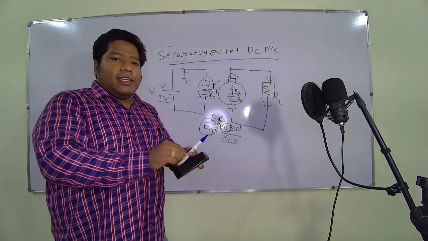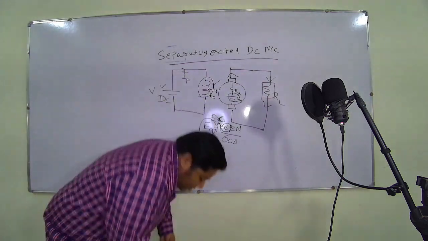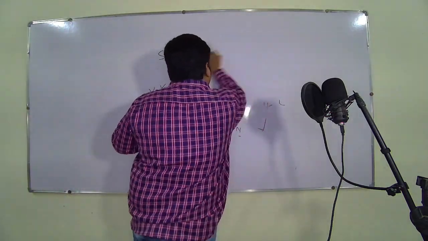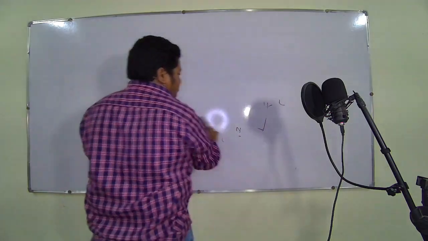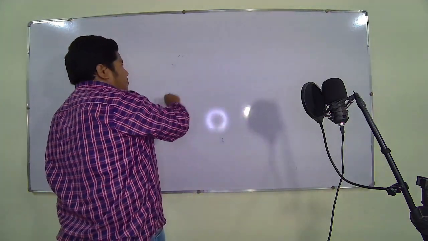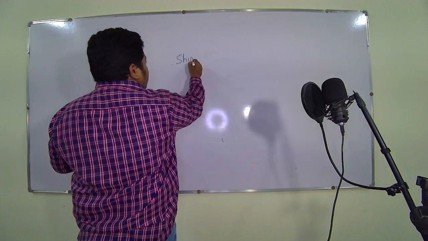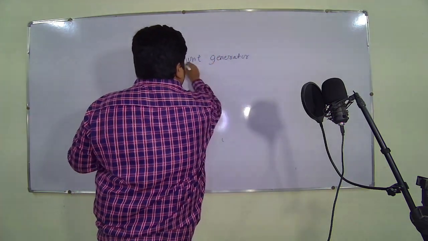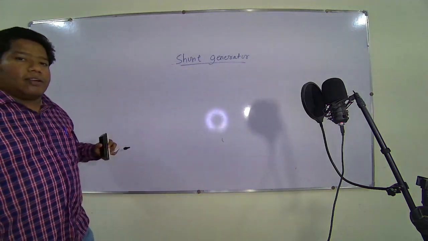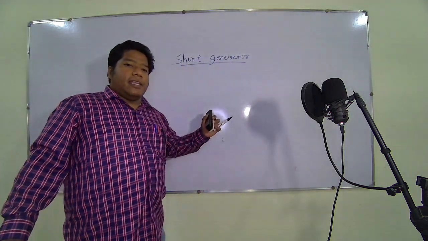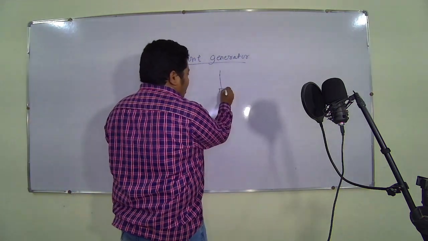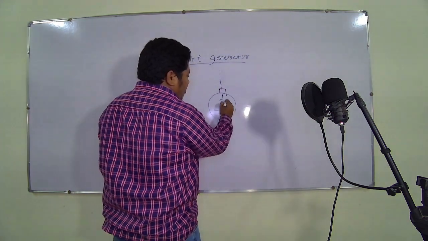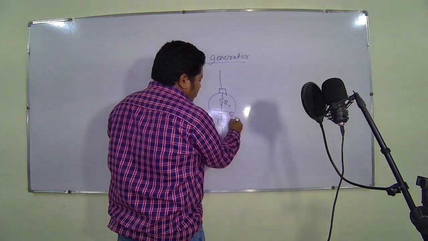Now we will see shunt generator. So what do you mean by shunt? Shunt means parallel. Here this is our armature, this is armature resistance, this is generated EMF.